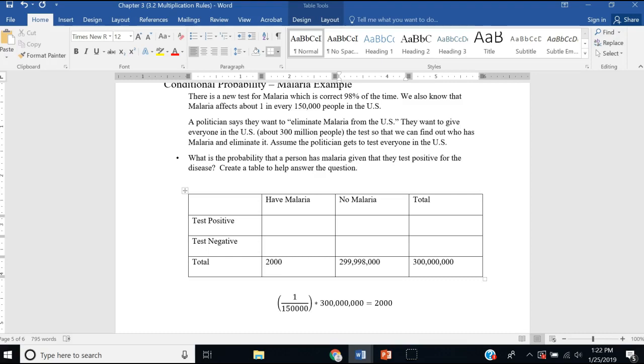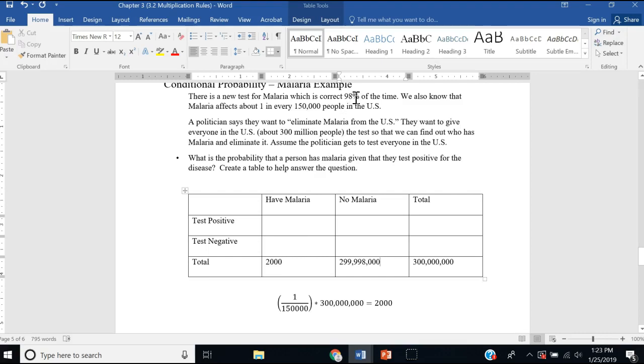So that's a good sign, because you probably don't have malaria. And again, I'm getting that 1 in 150,000 because we know that malaria affects 1 in 150,000 people.